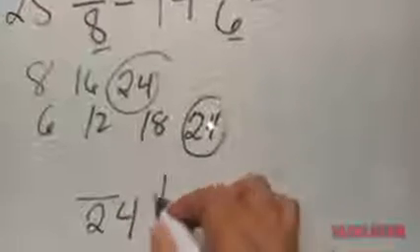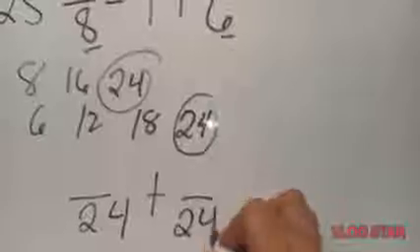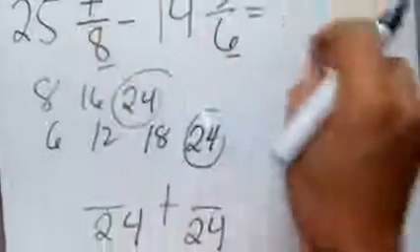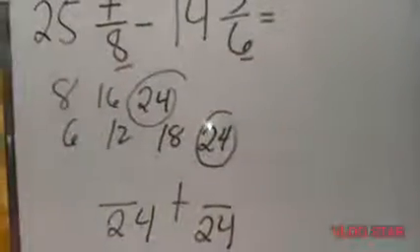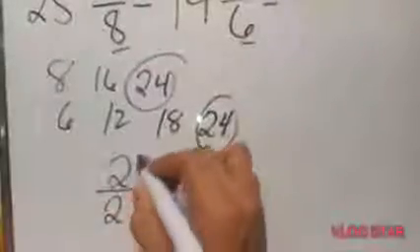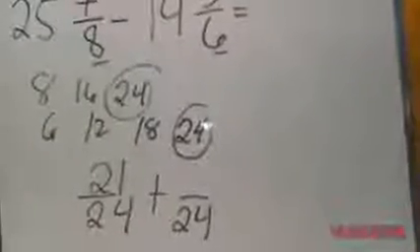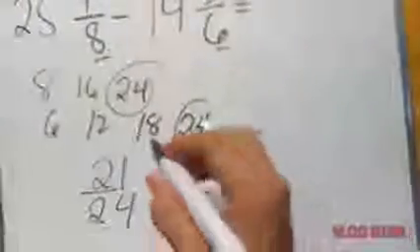24, then 24. 24 divided by 8 times 7, the answer is 21. Very good. Next, 24 divided by 6, the answer is 12.